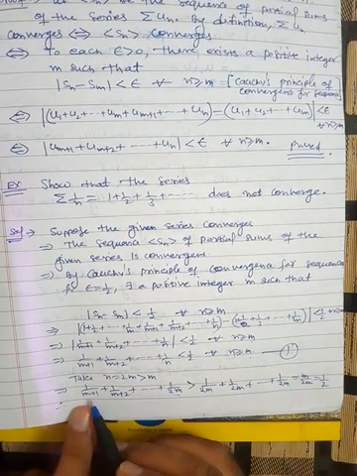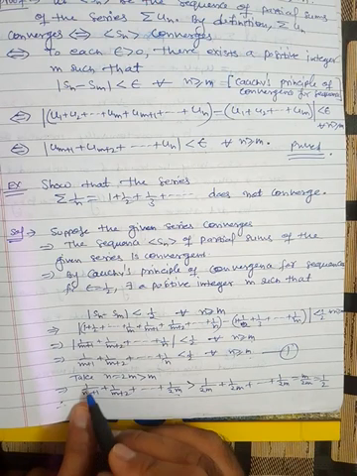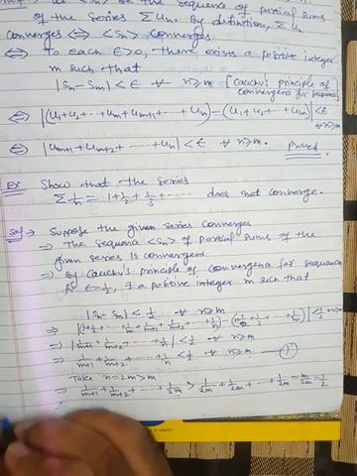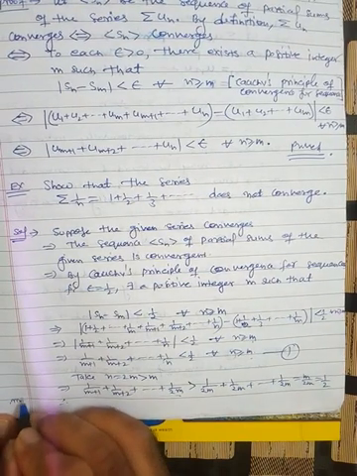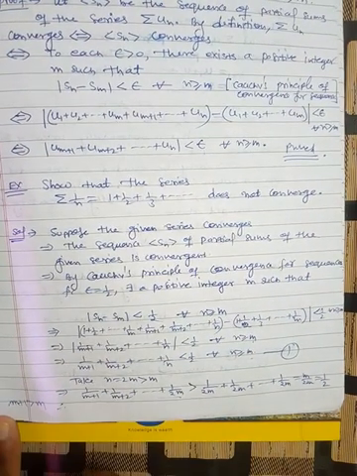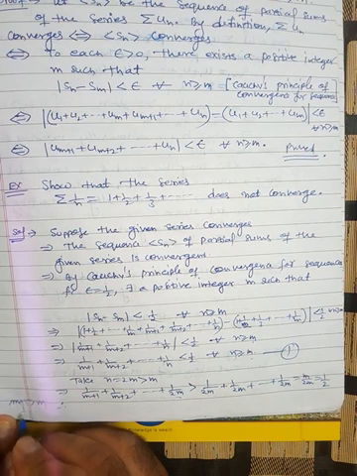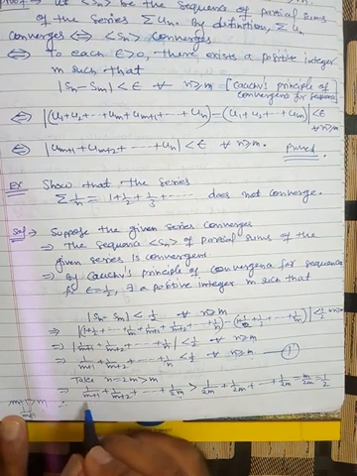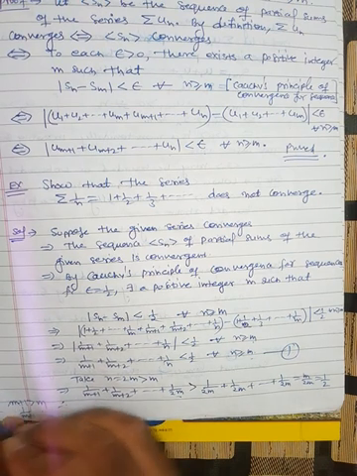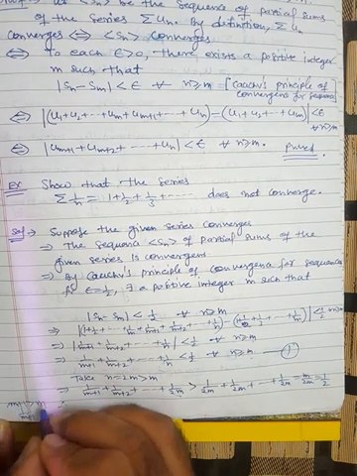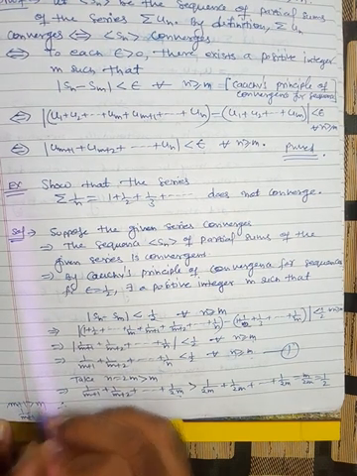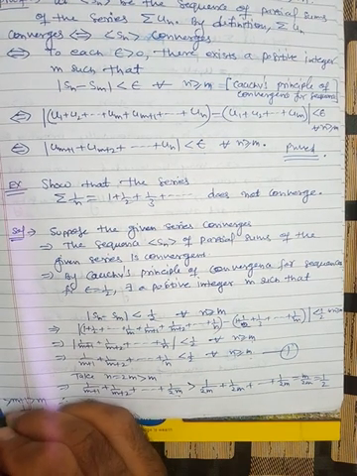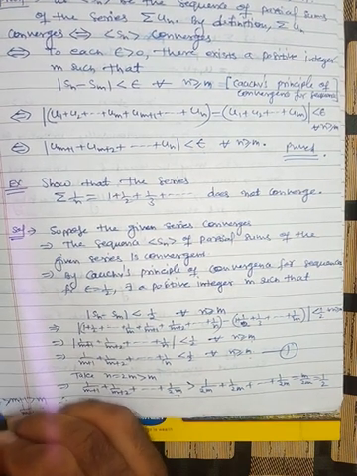Now here, the logic is m plus 1 is greater than m, and m plus 1 is less than m plus m, that means 2m.